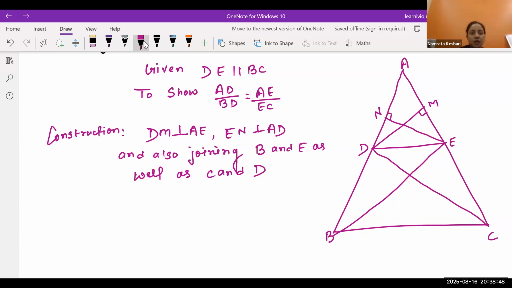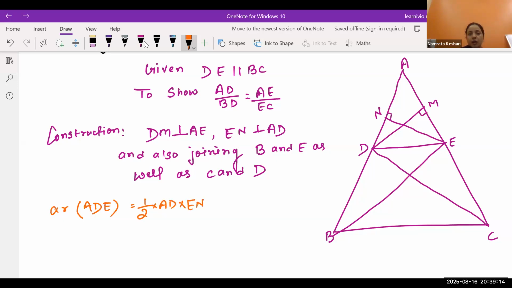Okay, now after that, we have taken the areas according to the ratio. Directly I am writing: at first, according to AD, we have chosen the area of triangle ADE. We had already written 1 by 2 into base into height.